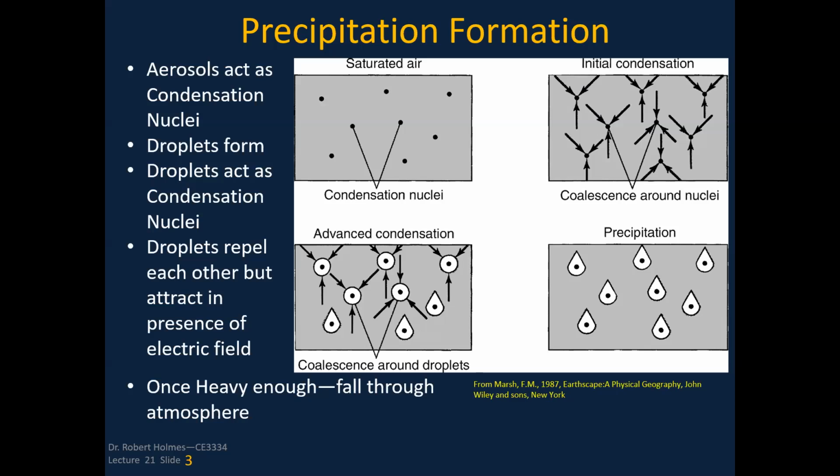So if you look at precipitation and its formation, you typically have aerosols that are dispersed in the air that act as condensation nuclei. The moisture in the atmosphere condenses around these condensation nuclei, and if it gets heavy enough, you see it falling through the atmosphere as precipitation.